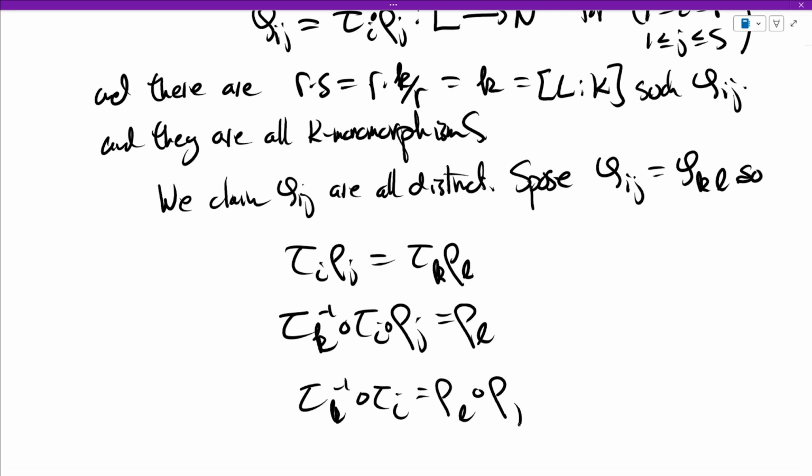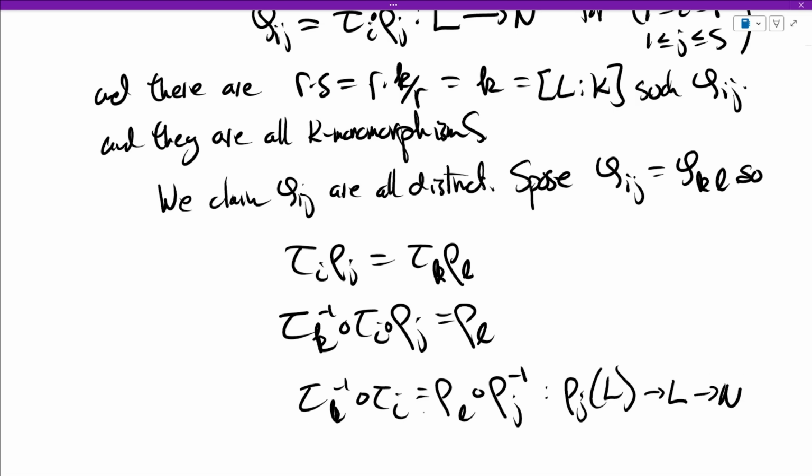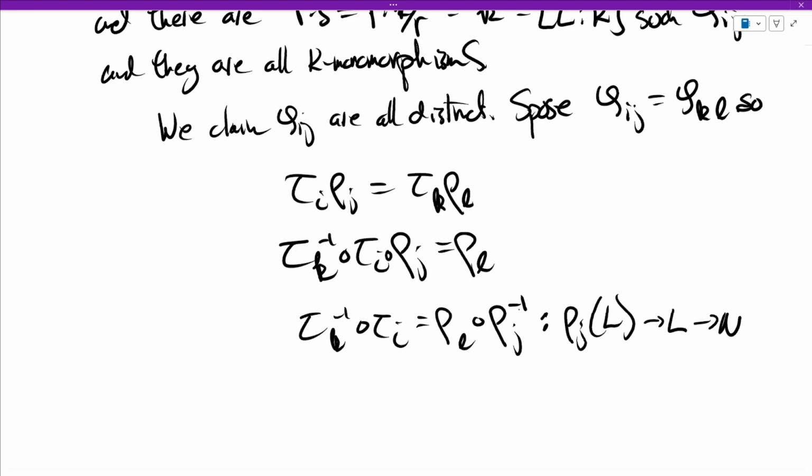So rho l compose rho j inverse. Rho j inverse we can view as a map from rho j of L back to L, and then rho l will map you back to N. And really on the left-hand side, I don't mean this as a map from N to N. I want to view this as a map from the subfield of N to N. Okay, so as mappings like this, rho j inverse makes sense.